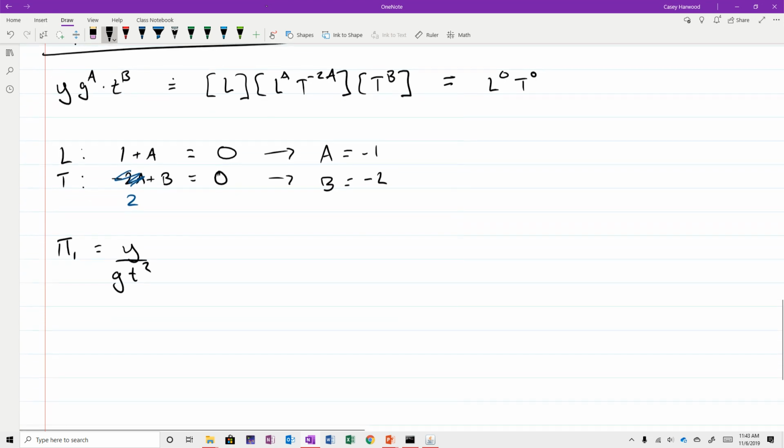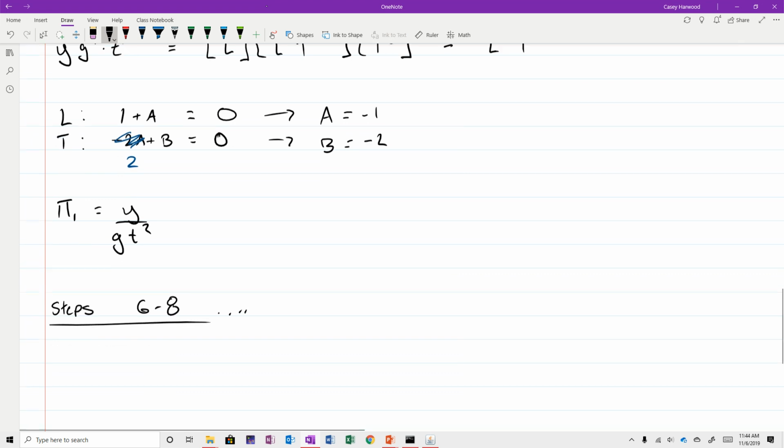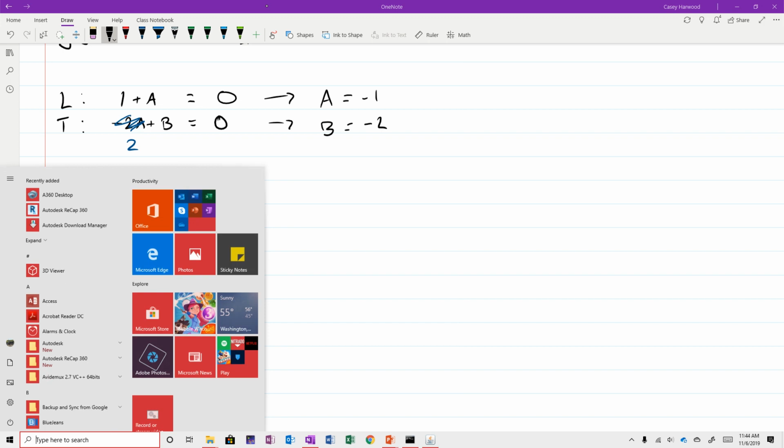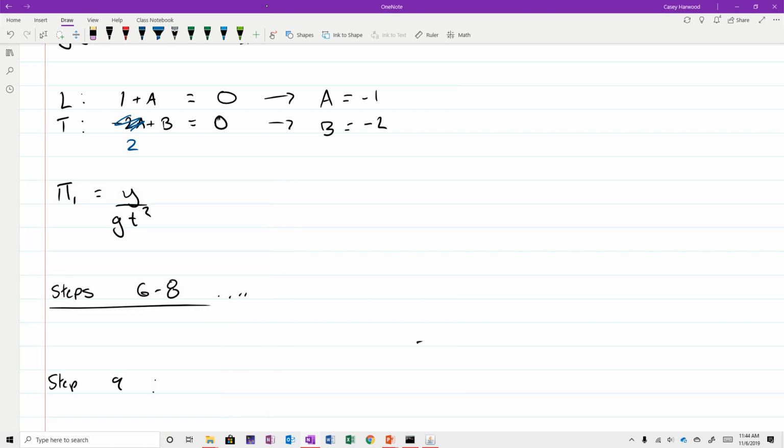And then we'll skip right on down to step 9, so steps 6 through 8 are done. Step 9 is basically look at our functional relationship and determine what it means. Inspect the functional relationship.